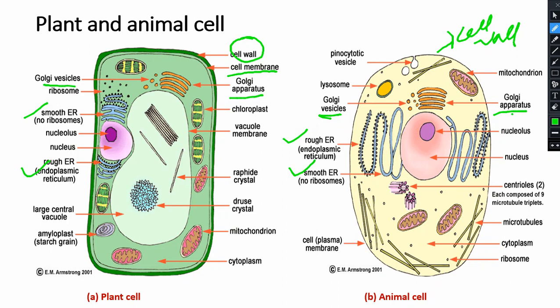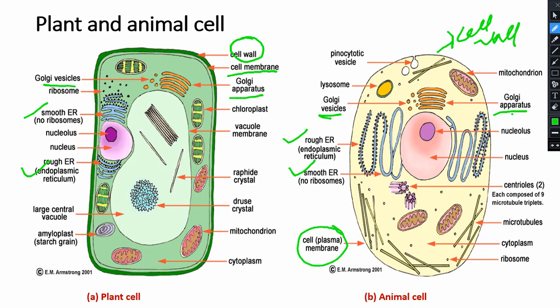We have a cell membrane or plasma membrane, which is also present in plant cells. Remember, the boundary of the animal cell is the plasma membrane, but the boundary of the plant cell is the cell wall. Beneath the cell wall there is a cell membrane in the plant cell.